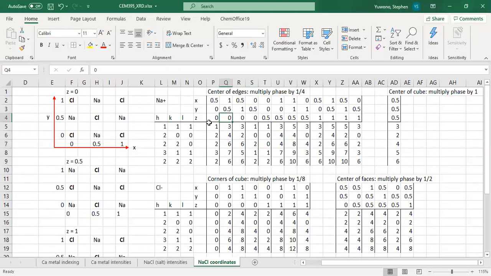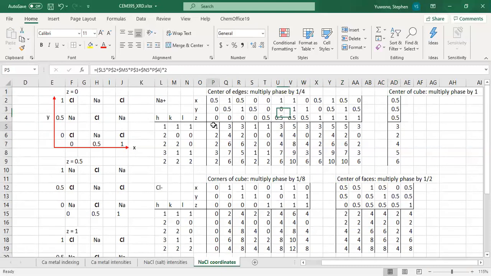For example, if we're looking at the edges, the sodium ion here is shared by 4 cubes, which means once we have figured out how many of these are +1 or -1, we have to divide it by 4. It applies to the corners, divided by 8, and center of faces, divided by 2. This is in the center of a cube, so we don't need to divide it by anything.